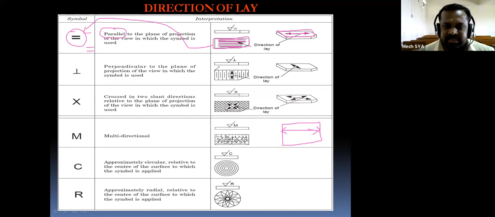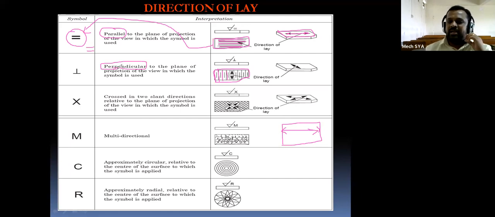Now see here, this is the surface of your component, and if the direction of the irregularities is perpendicular to that surface, then it is called the perpendicular direction of lay. What is meant by the perpendicular direction of lay?